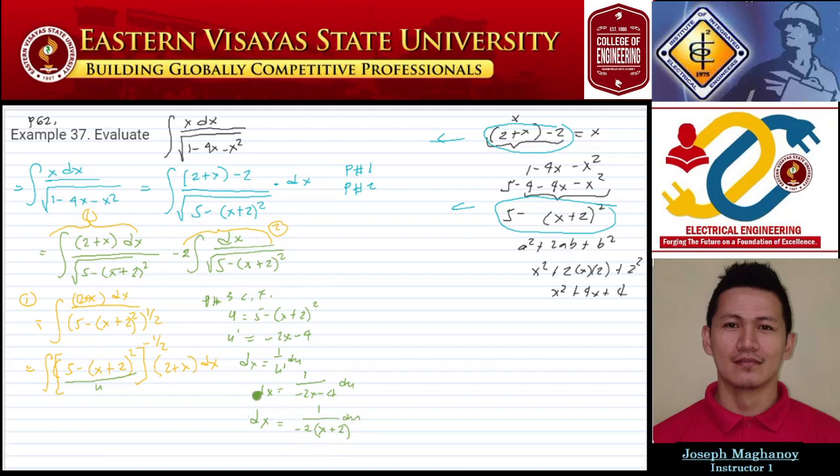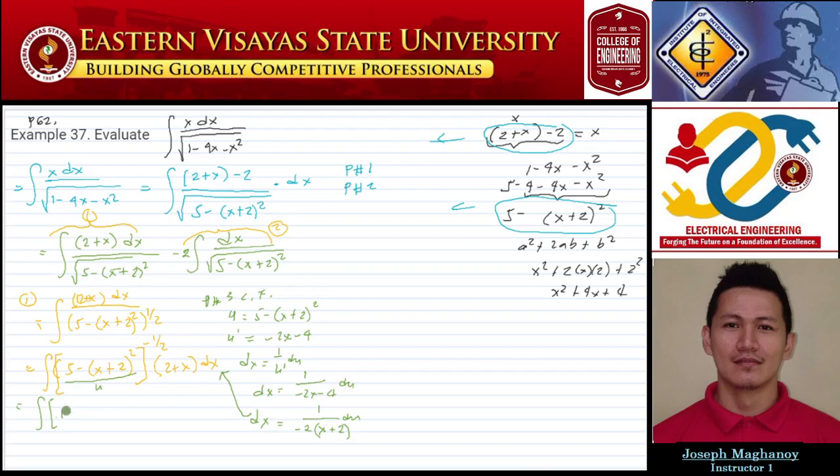du. Okay, so we can apply our correction factor to our function. Integral of 5 minus quantity x plus 2 squared, we replace this with our u already because we get the derivative of that term.